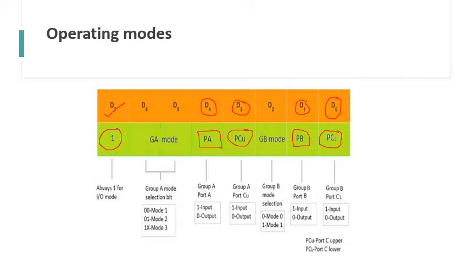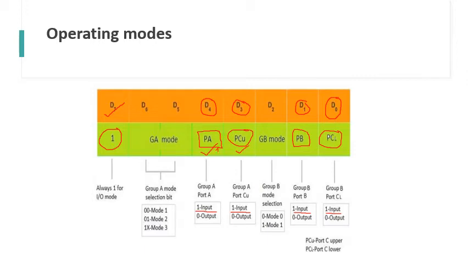When D0, D1, D3 and D4 are set, the corresponding port acts as an input port. Set means making it 1. When you write a 1 to the bits D4, D3, D1 and D0, it states that the particular port is going to act as an input port.